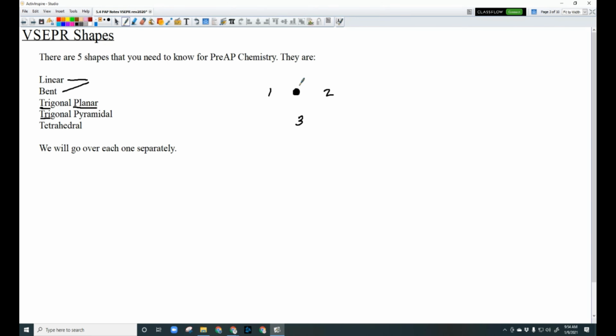So if you have electrons on the center, then what this is going to do, let's just say we have some bonds here. What these electrons are going to do is interact with the electrons in the bond here, and they're going to repel each other. And this is going to cause it to pop up into a pyramidal shape.